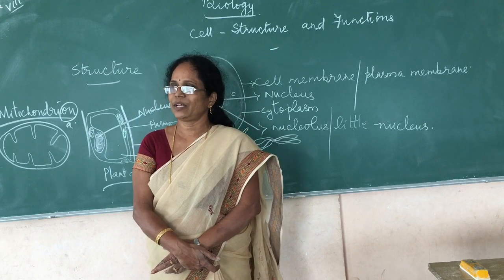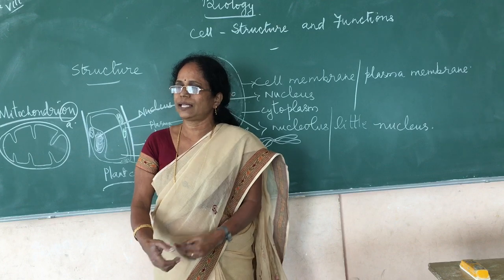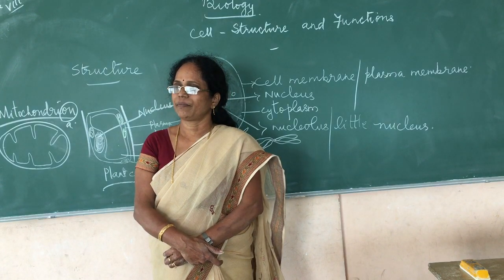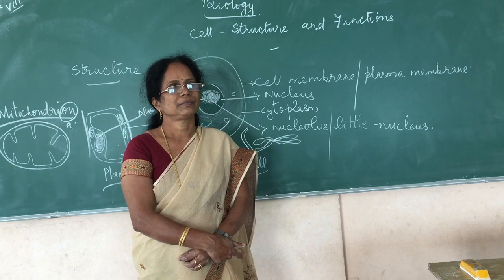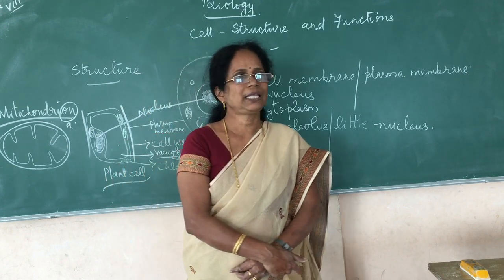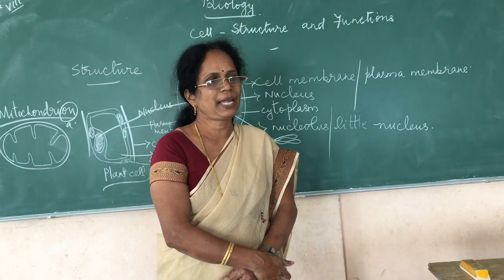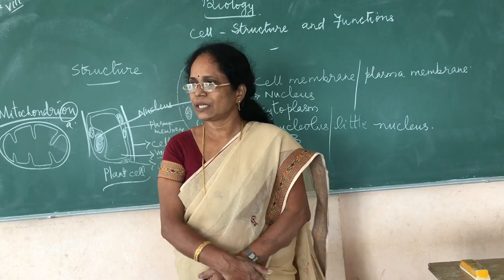Unit of measurement of microorganisms or cells, small cells are called microns. 1 micron is equal to 1 by 1000th of a millimeter or 1 by millionth of a meter. Sit down.